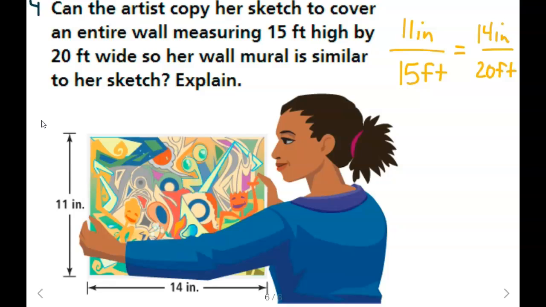So that's one way you could write this potential proportion. If these are equal, then they will be similar.